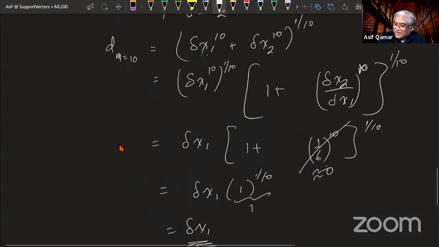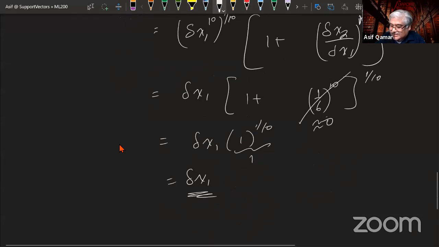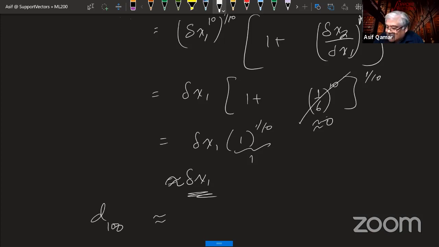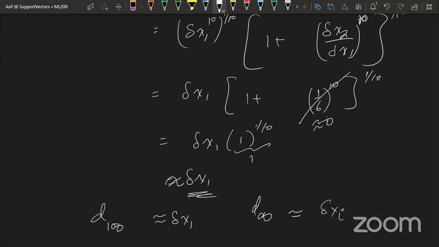And so think about it. You realize that d100 would be an even better approximation to just delta x1. And so d infinity is essentially equal to the biggest distance. Whichever axis has the biggest distance will matter, so the difference gets amplified.